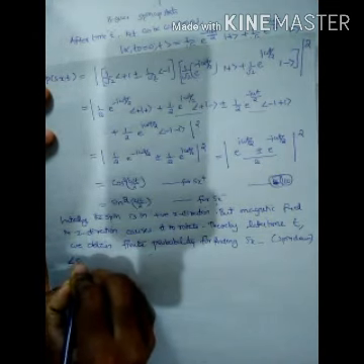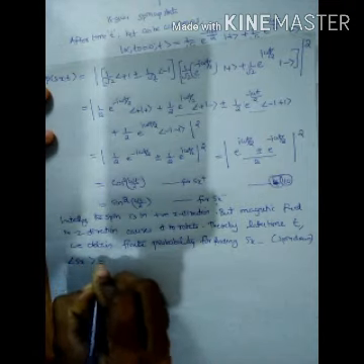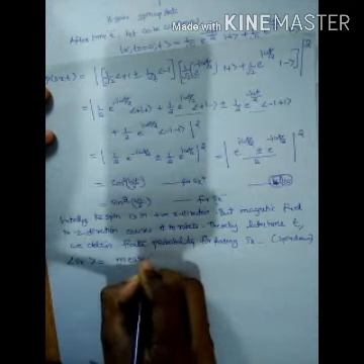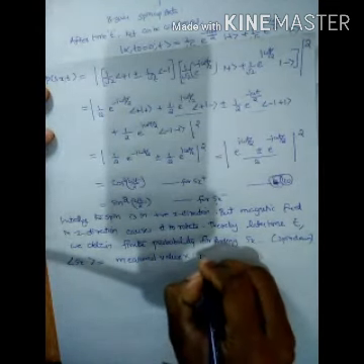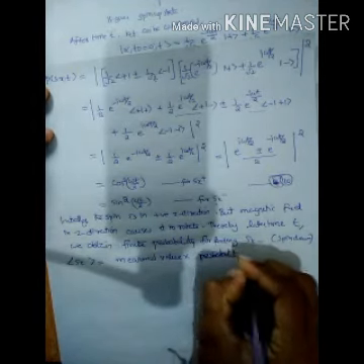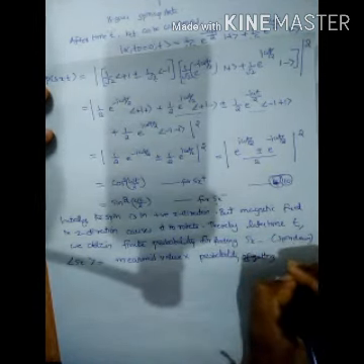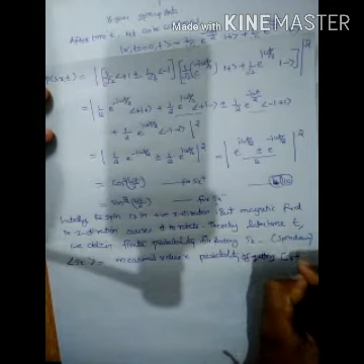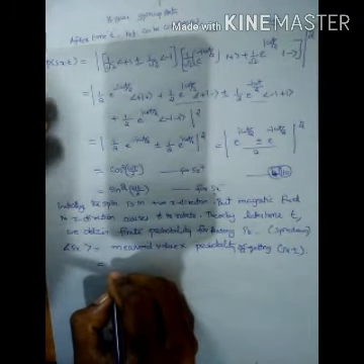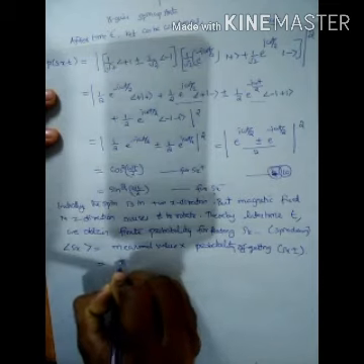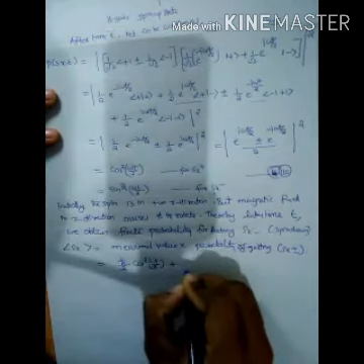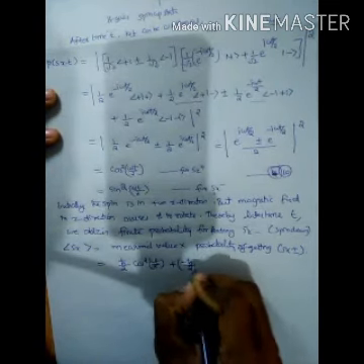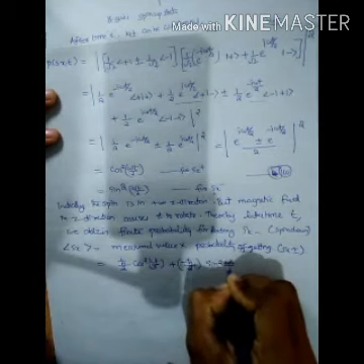Then our expectation value of Sx will be the measured value times the probability of getting Sx plus. That is given by the measured value h cross by 2 times cos square omega t by 2, plus minus h cross by 2 times sin square omega t by 2.